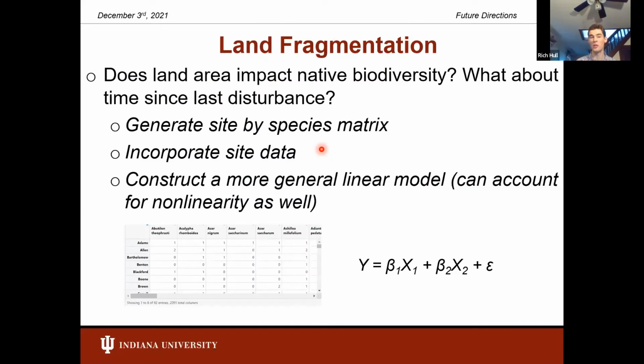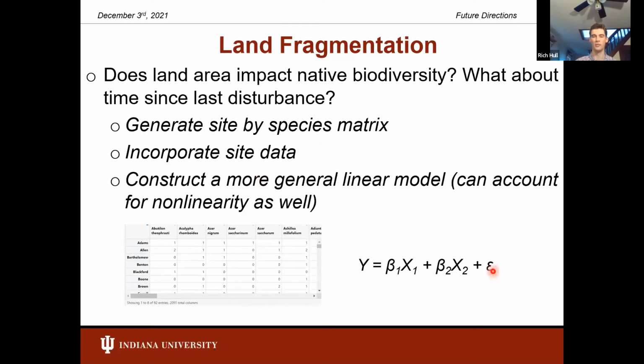Moving on to land fragmentation, we can address the question above by generating a site by species matrix here, and we can incorporate site data, so whatever variable we're interested in. So if it's land area, we'll include acreage for each site, and then we can construct a general linear model that we can use linear regression on to see if the variable is correlated with diversity.